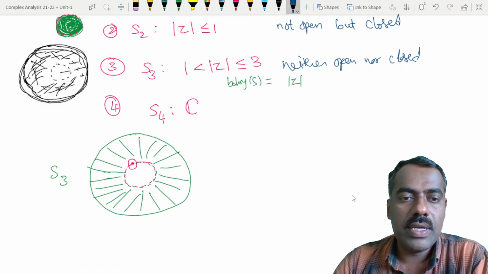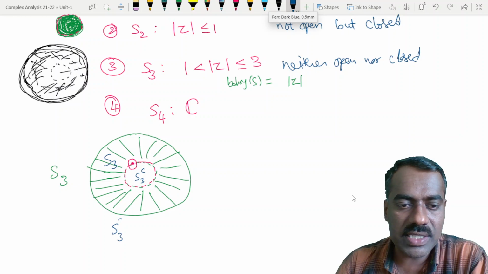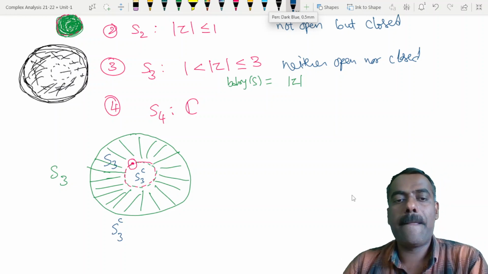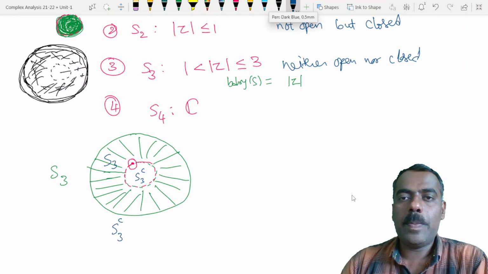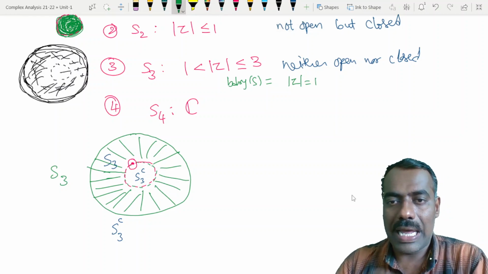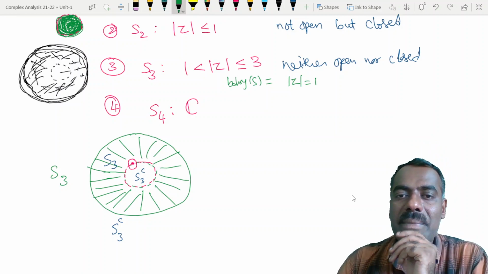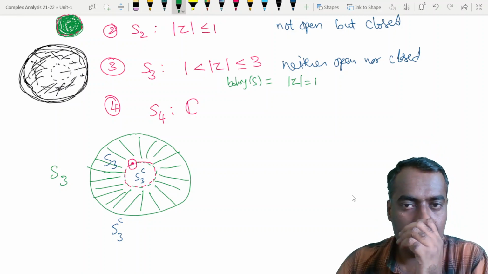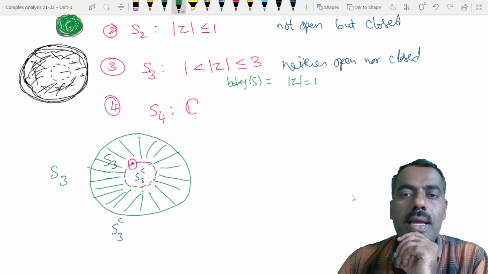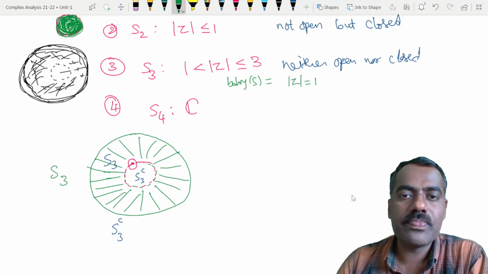See, this is your S3 and this is your S3 complement, and not only that, this is also S3 complement, right? Okay. So mod Z is equal to 1. But are these the only points which are boundary points? Are there any other points which are also boundary points?